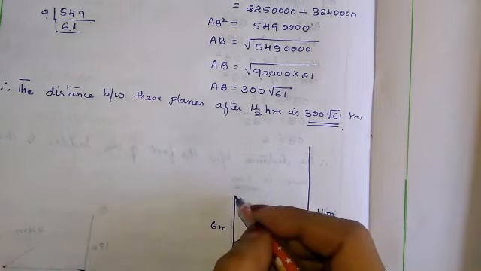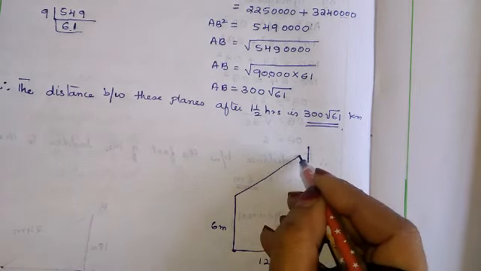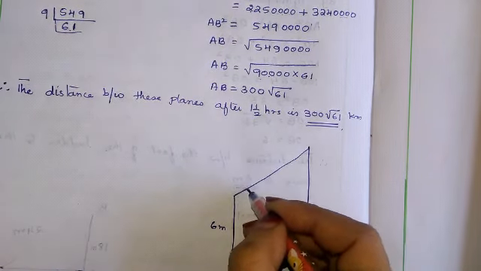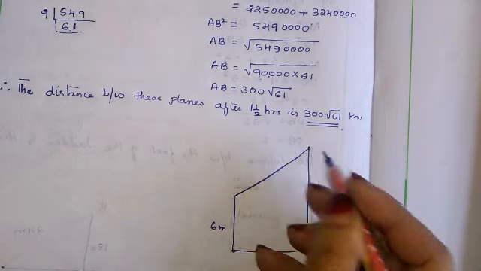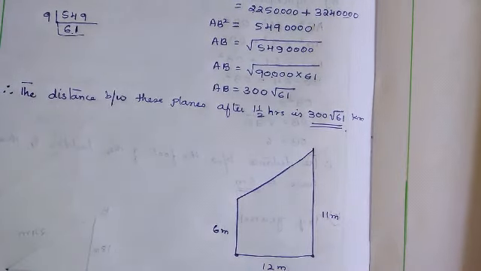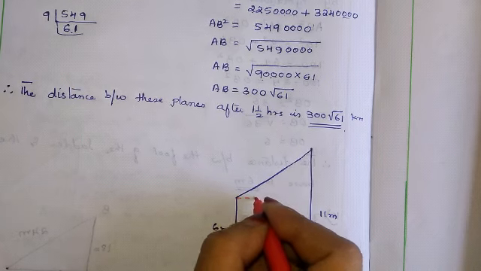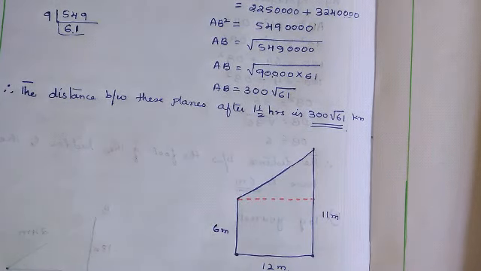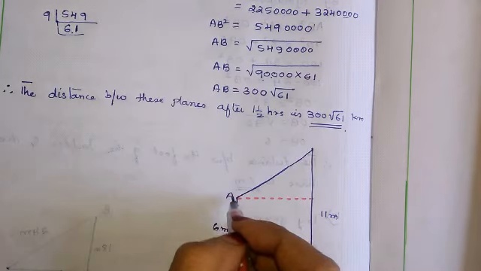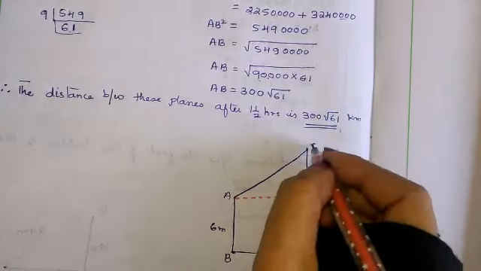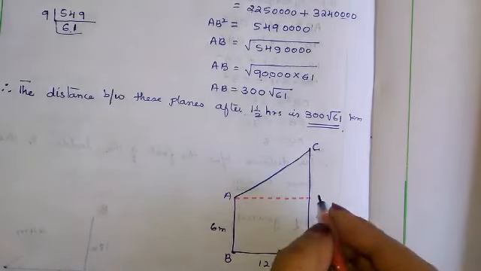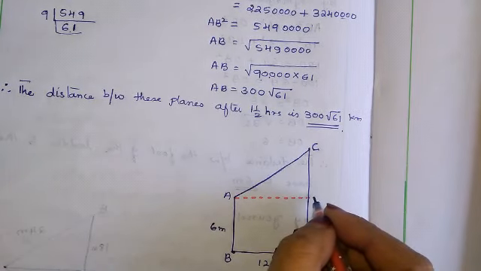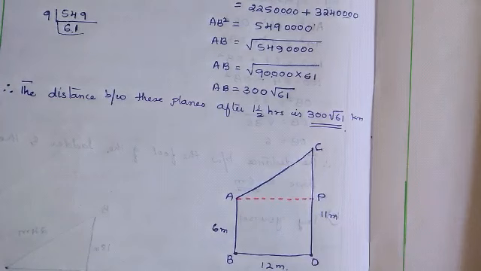Okay, now we have to find this distance. This distance we have to find. To find this distance, what I'll do is I'll join this. And now let me give names: A, B, C, D, and here if we want we'll give P. Any name.